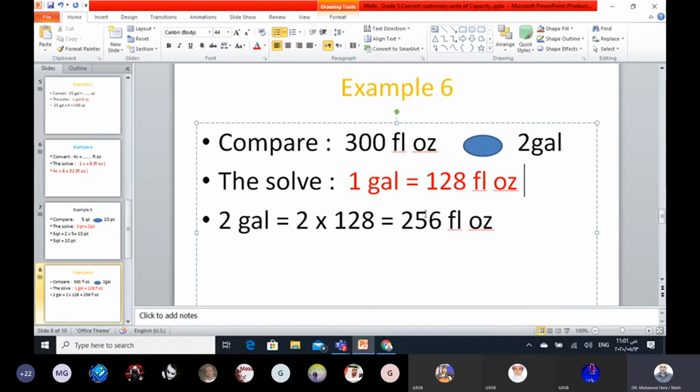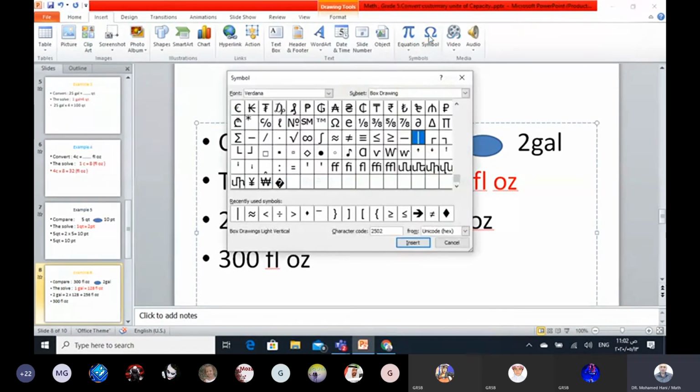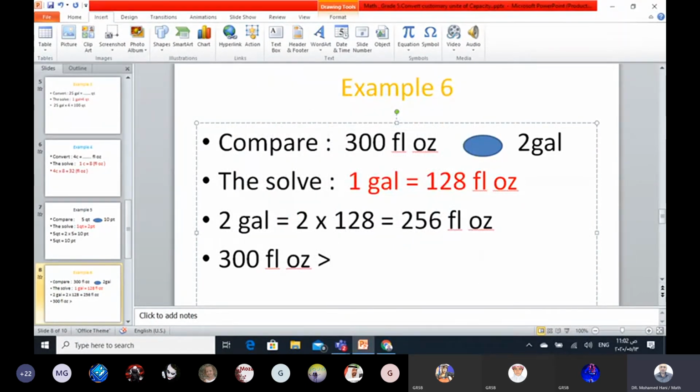Now which is greater, 256 or 300? 300 is greater than 256. So the value of 300 fluid ounces is greater than the value of 2 gallons.